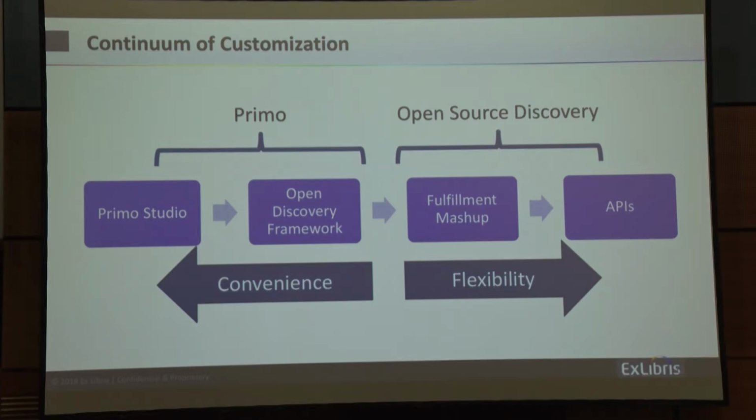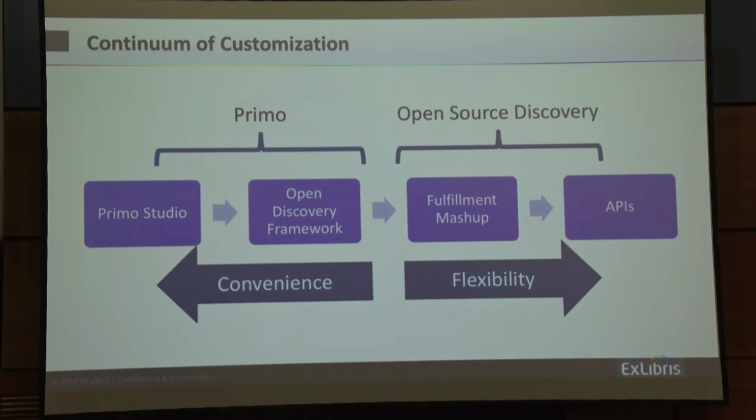And that's using those two boxes on the left. So this continuum here is showing, okay, I want to have a customized user experience for discovery. If I'm in the world of Primo, starting on the left, I can use the Primo Studio, which Shaw will demonstrate for us in a few sessions, and I can use that to very easily change the basic aspects of Primo, like the colors we saw, logos, etc. And I can also use the Primo Studio to install into Primo add-ons that others have built.